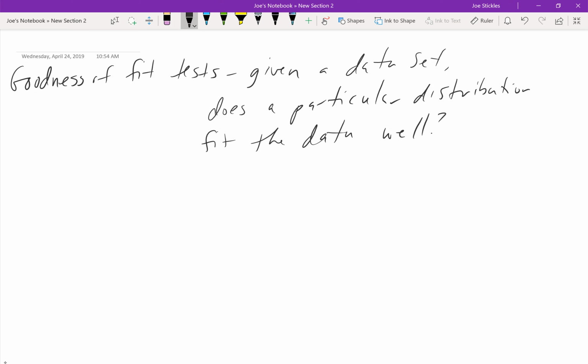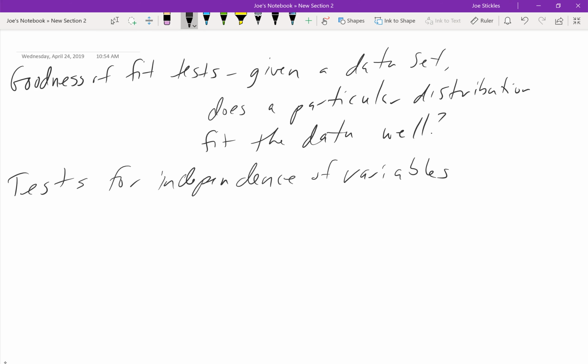And then in 8.2, we did what was called the contingency tables, but we did the tests for independence of variables. So again, we constructed those contingency tables.